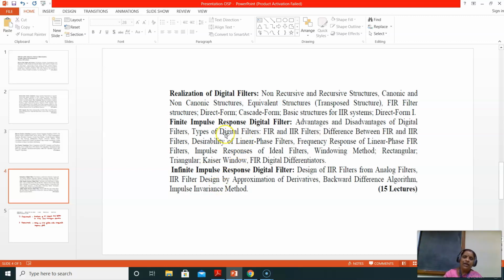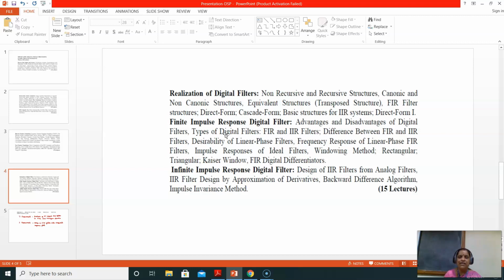Then the next chapter covers the design of finite impulse response digital filters. The windowing technique is mainly used to design linear phase FIR filters. So how these FIR filters are designed, what the design procedure is, and we will be covering the design of digital filters along with the techniques used to design them in this chapter.